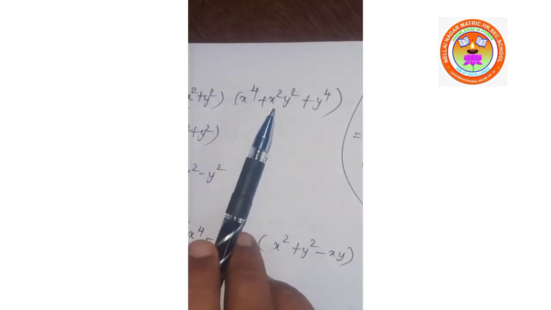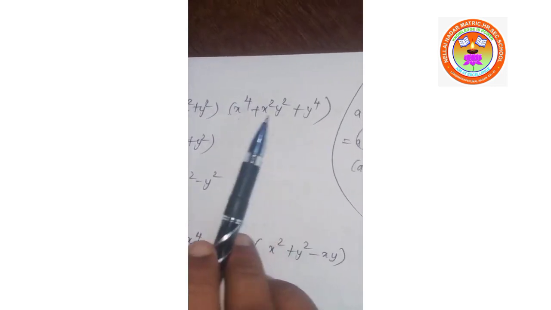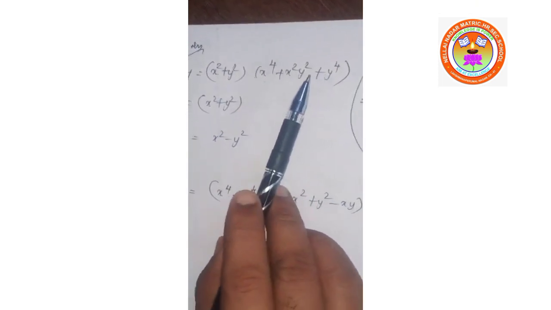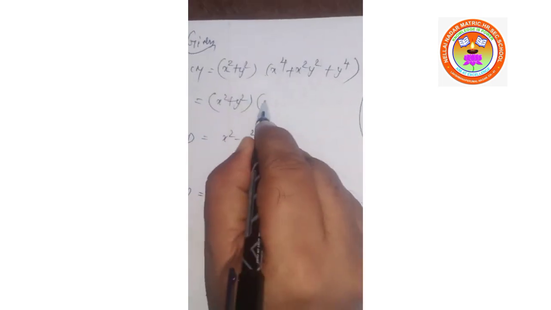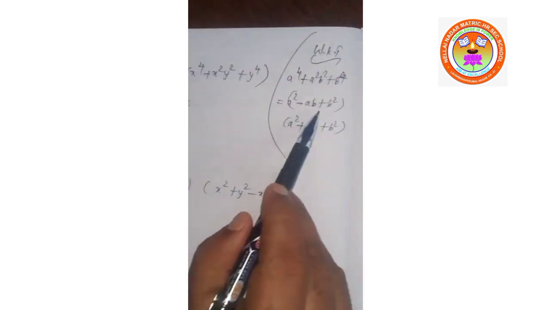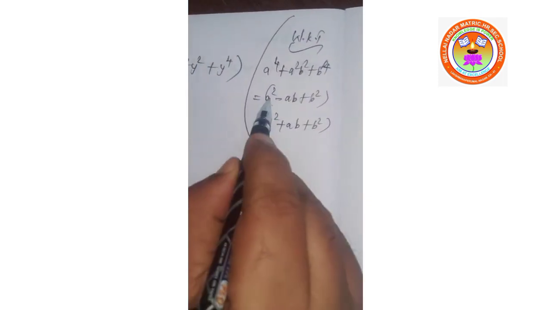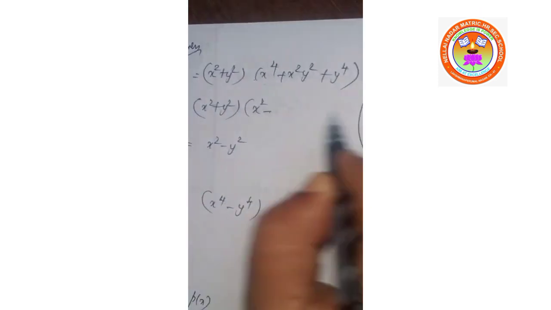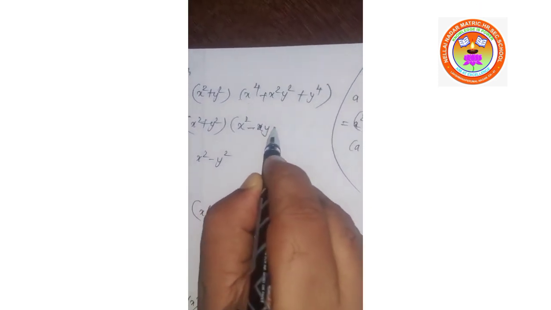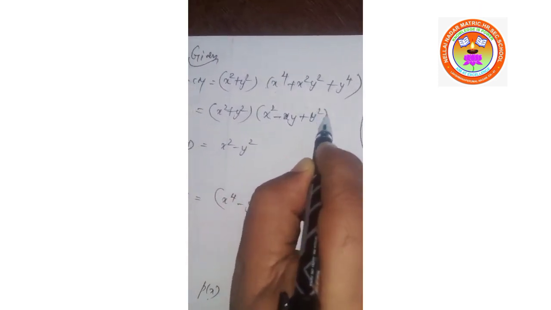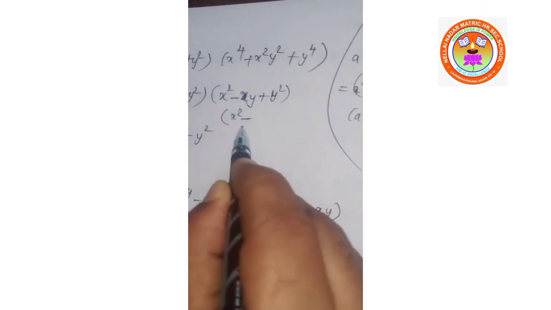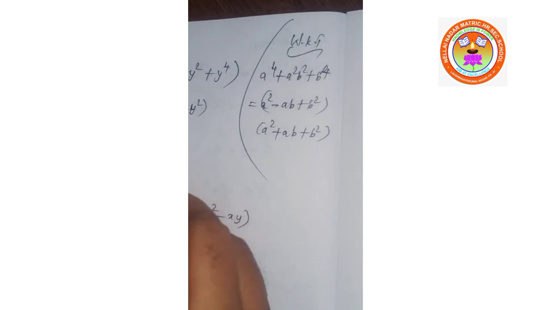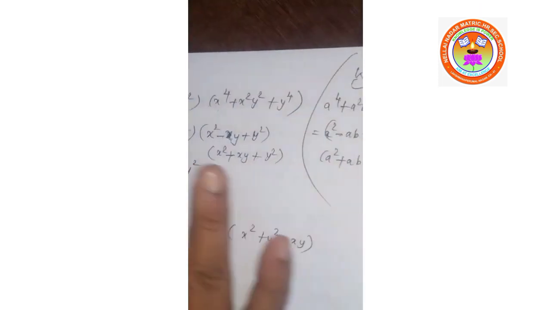Already this expression, we have factorized in the previous problem, isn't it? So you can directly write, instead of a and b, replace x and y. Come on, a squared becomes x squared, ab becomes xy, and b squared becomes y squared, into a squared, that is x squared, plus ab becomes xy and b squared becomes y squared, over.